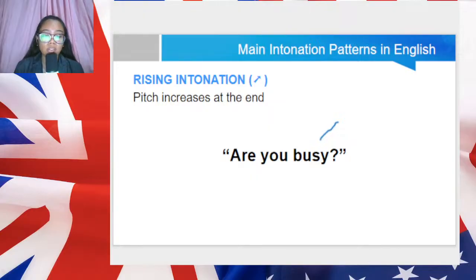Just as with the previous example, this upward pitch movement indicates that the speaker is genuinely uncertain about the individual's attendance.